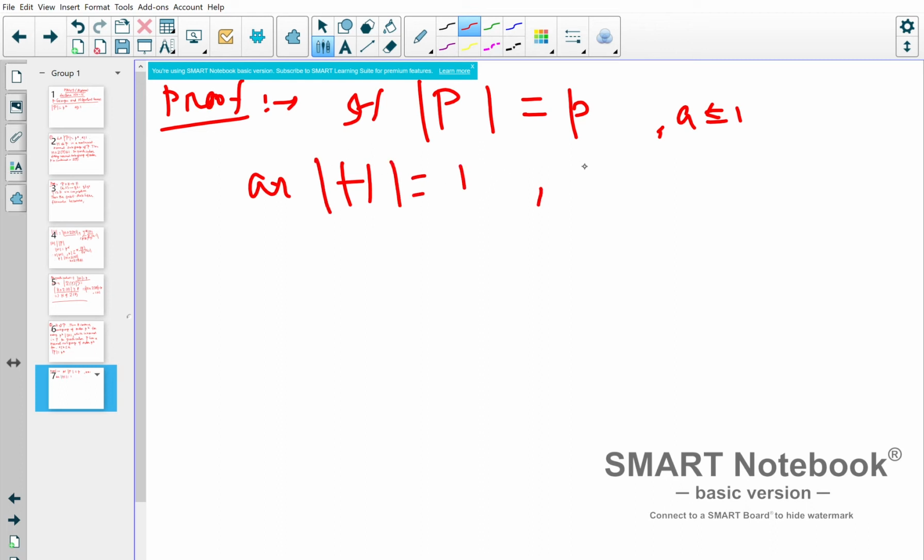Then it is trivial, right? Then there is nothing to prove, because if P is already trivial, then the only subgroup of order p power b is the identity, right? P power 0. So we know that. Okay, then there is nothing to prove.